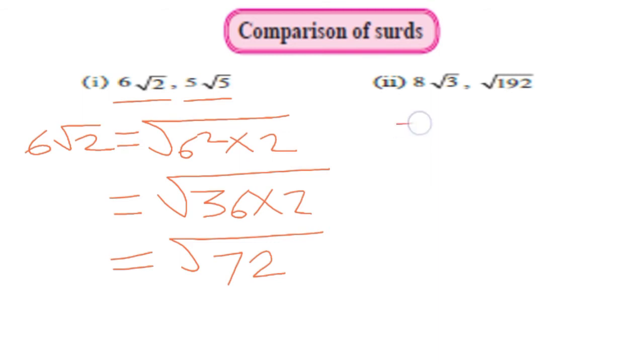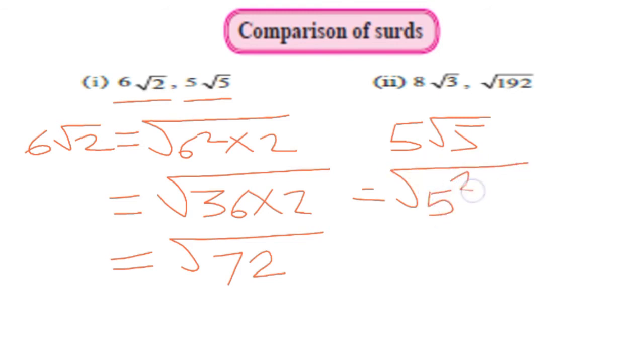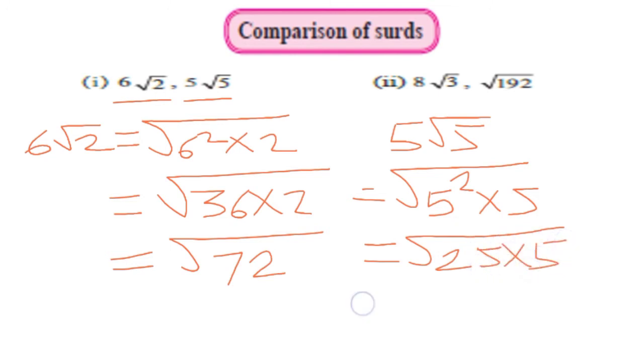Here 5 root 5, similar process. Take 5 in the square root, means 5 square. 5 square into 5 is equal to 5 square is 25 and 25 into 5, 25 5 is 125.